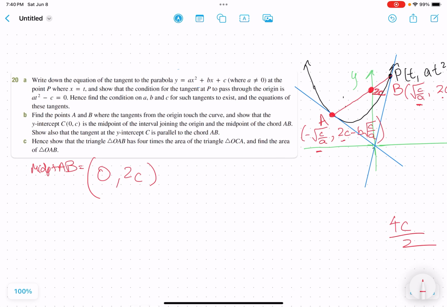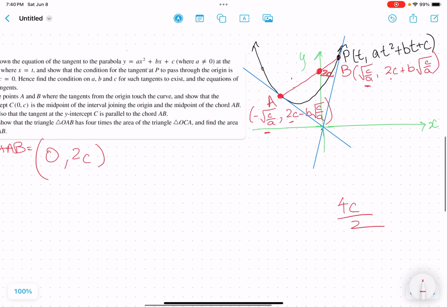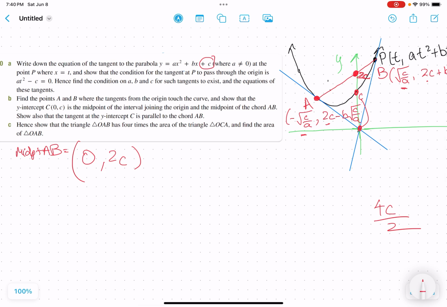Show that the y-intercept 0, c is the midpoint of the interval. Well, of course, halfway between 0 and 2c is going to be c, and we know that c is the y-intercept of this parabola. So yes, 0, c is the midpoint of the interval joining the origin and the midpoint of AB, so that's nice.